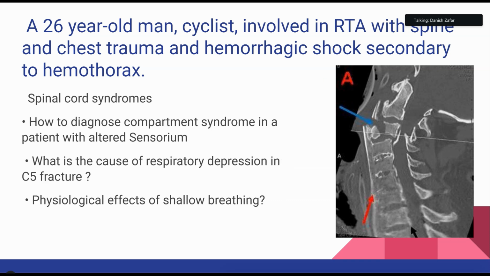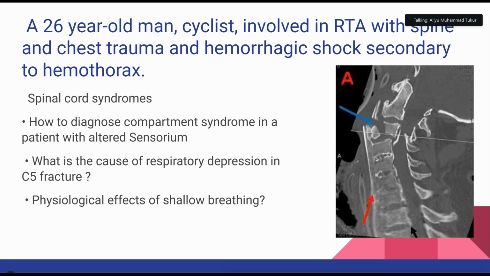Okay. So can you describe what are spinal cord syndromes? Spinal cord syndromes include anterior cord syndrome, central cord syndrome, and Brown-Sequard syndrome. Can I expatiate more? Just give me one or two descriptive points for all these different syndromes.